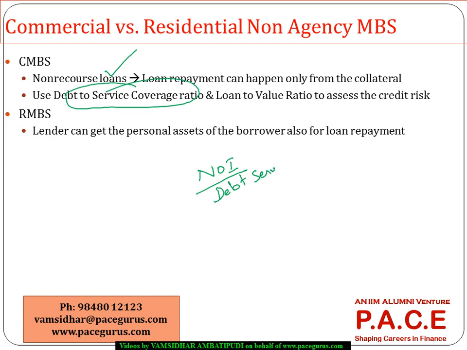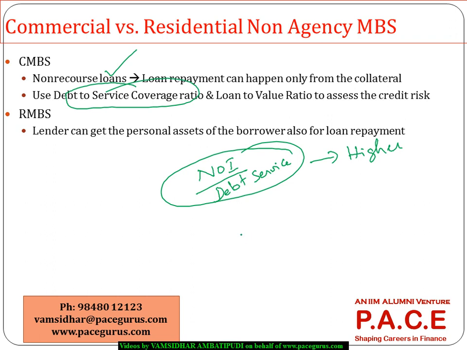The higher the ratio, the higher the creditworthiness associated with that particular property. We know how we compute the net operating income. We remove the taxes, but income taxes are not removed.